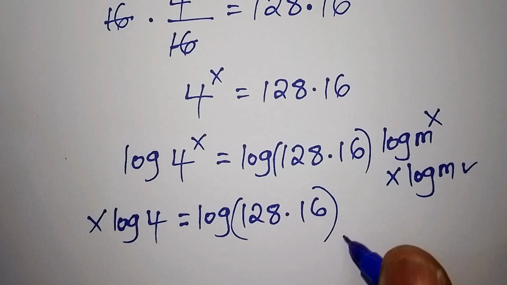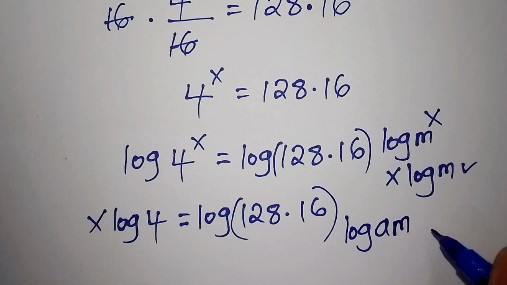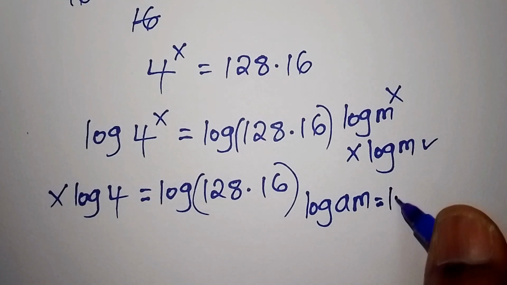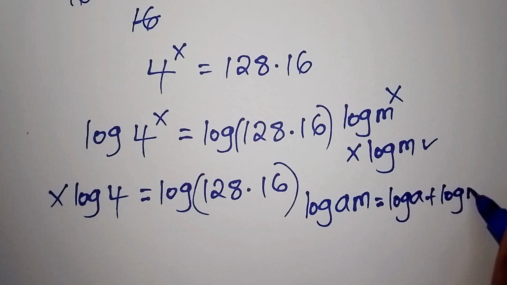So assuming that we have the log of a multiplied by m, for example, according to the law of logarithm, we can rewrite it as the log of a plus the log of m.